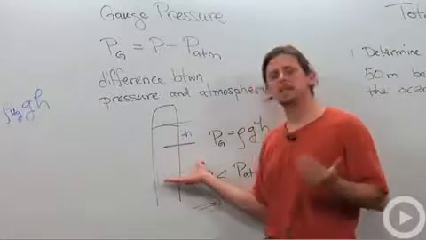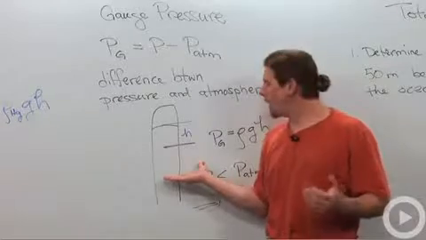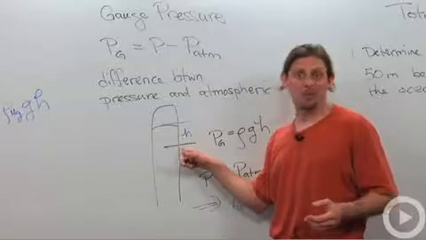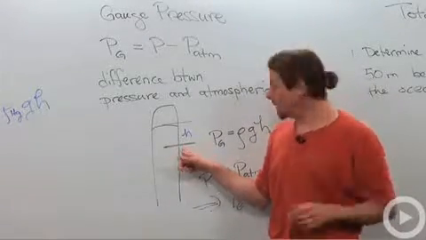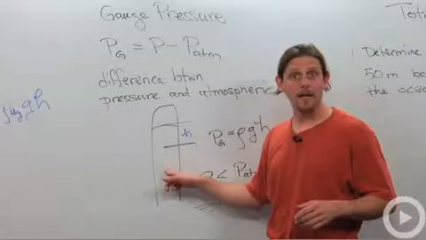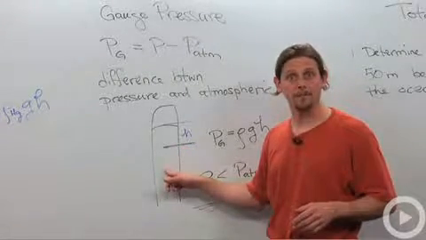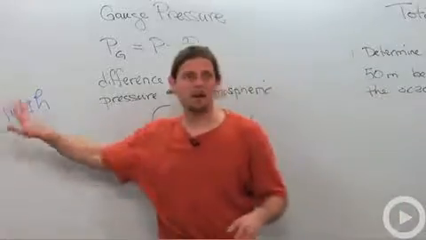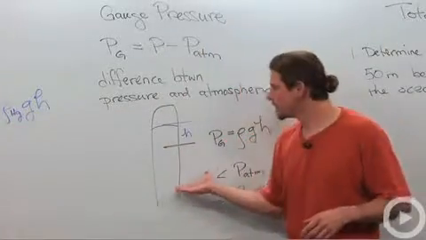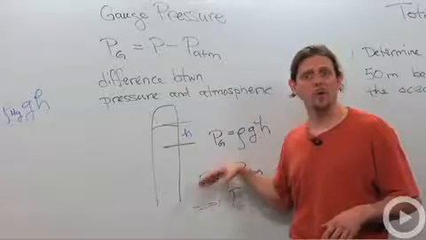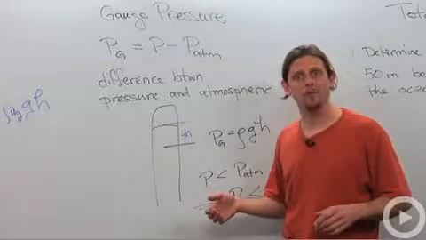It's very easy to measure gauge pressure. All we need to do is have a little black bar on the mercury column that indicates where atmospheric pressure would be. And then we seal up the bottom of it, which I'm not showing in this diagram, and then we just put whatever we want in there that we want to measure the pressure of.